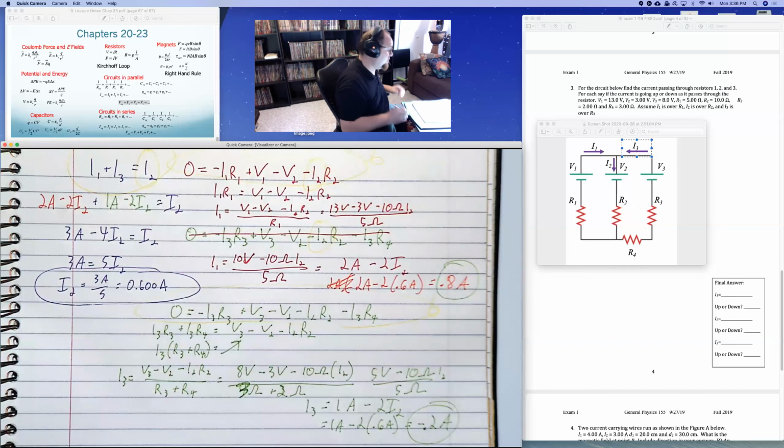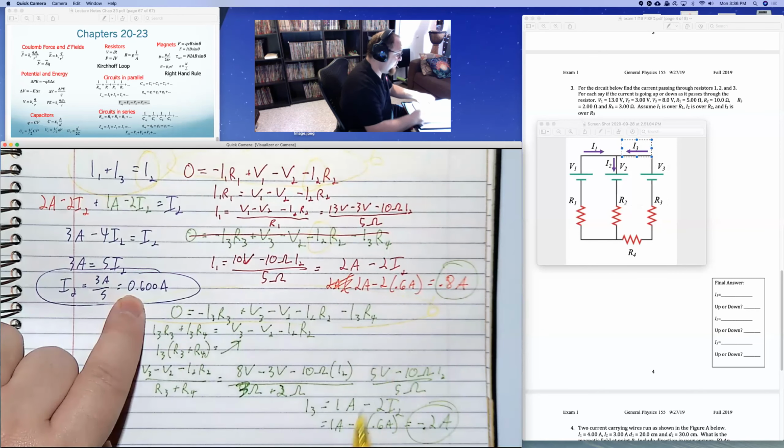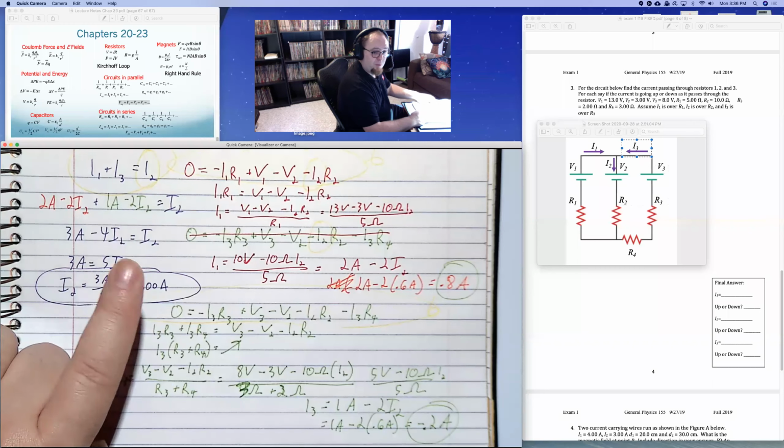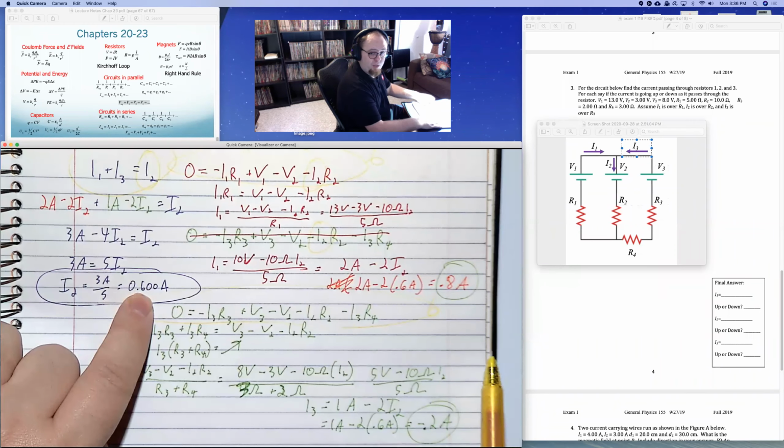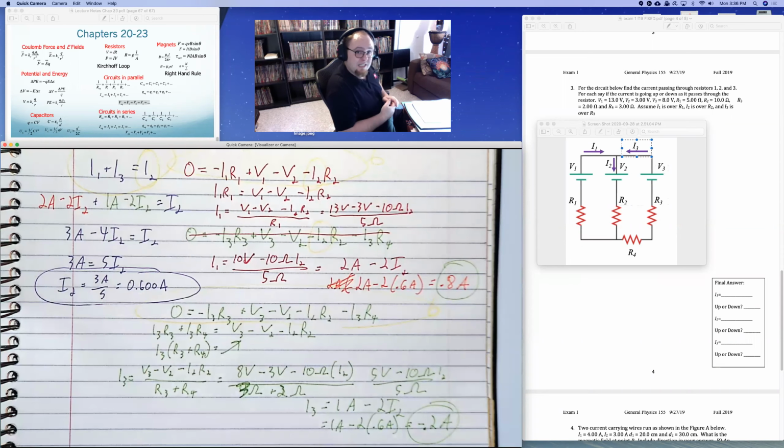Either way, what I do remember is that each value in each direction was 1 point. So 0.6 was a point, up was a point. 0.8 was a point, up was a point. So only 6 out of 25 was for the final answer.